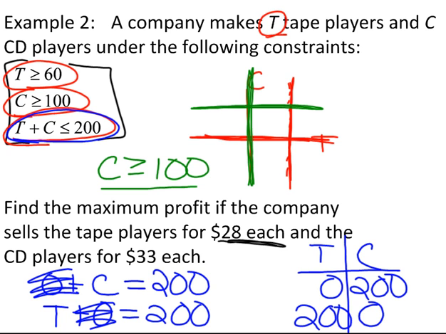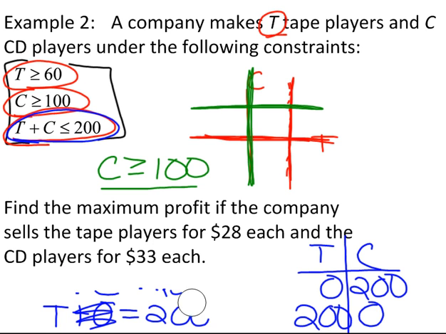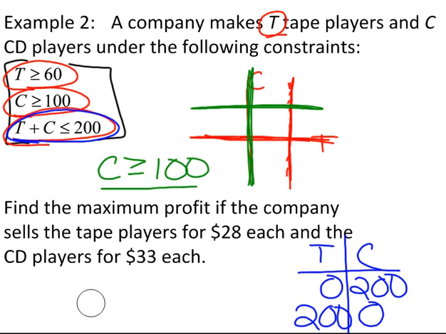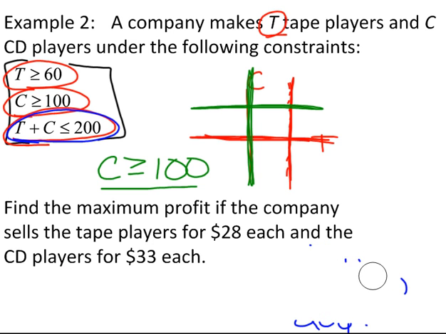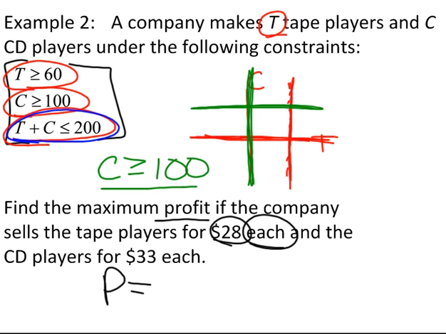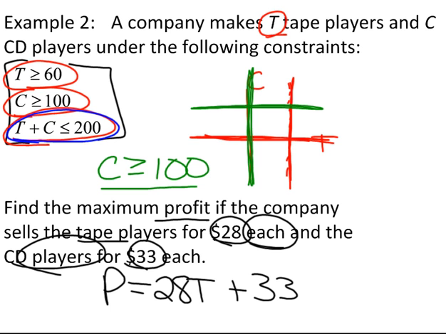All right, so objective function. We have profit, so I'm going to call it P. 28 each for the tape players, so that's 28T. And the CD players are 33 each, so that's 33C. So this is my objective function.